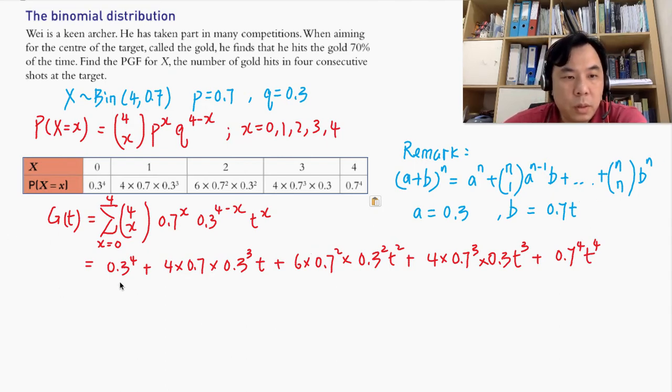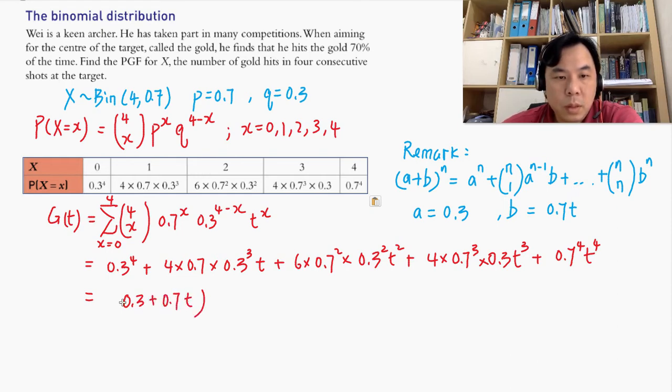So at this point, we can describe the whole summation of this polynomial expression in this form. So there will be (0.3 + 0.7t) raised to the power of 4, because this is raised to the power n, or n in this case is 4.